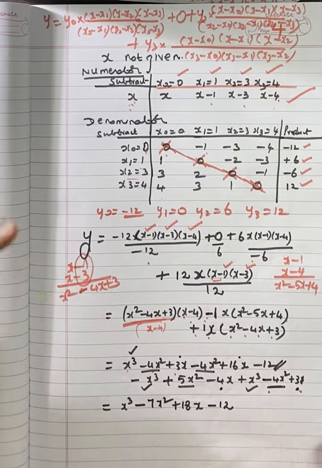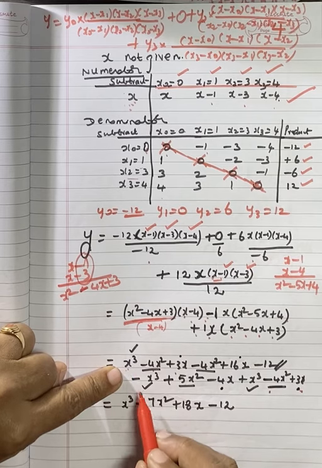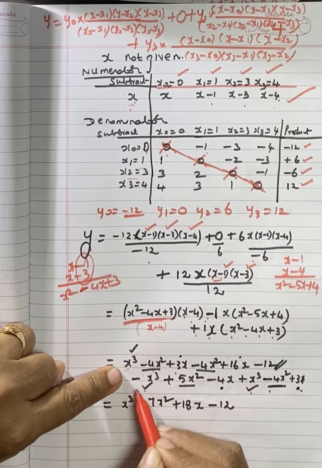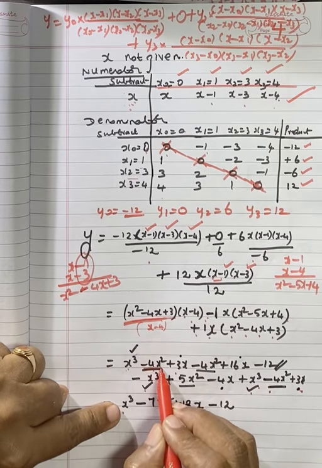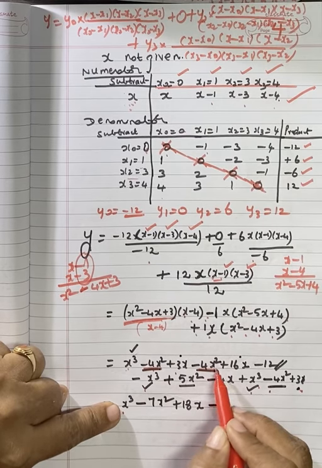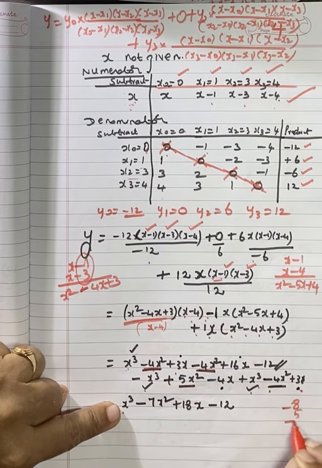I have to consolidate all that. X cube, this is 1 x cube, this is 1 x cube, this is 1 x cube. These two get cancelled. So only 1 x cube is there. X square minus 4x square is minus 8x square. Minus 8 plus 5 is minus 3x square.